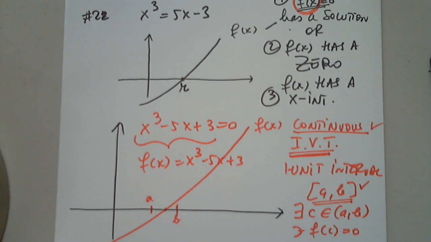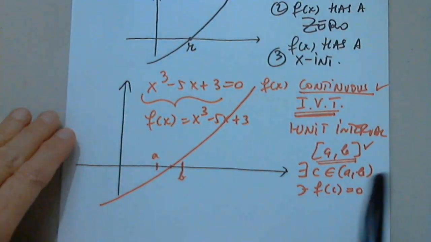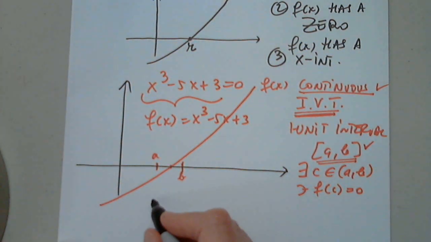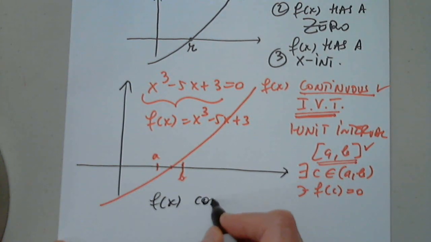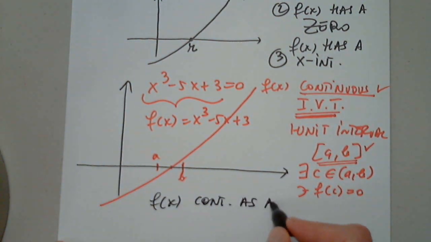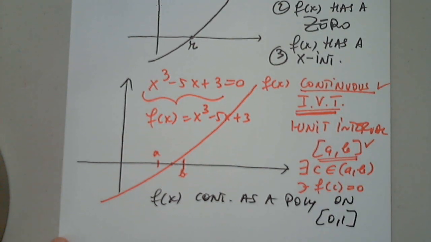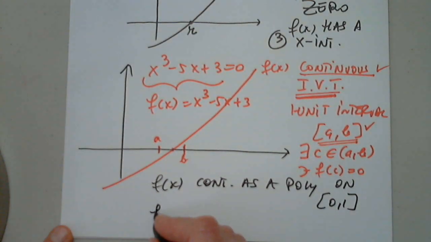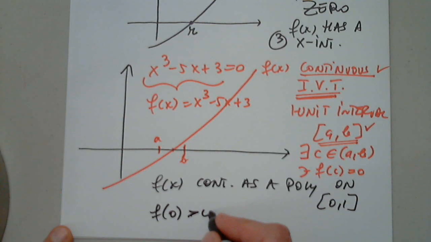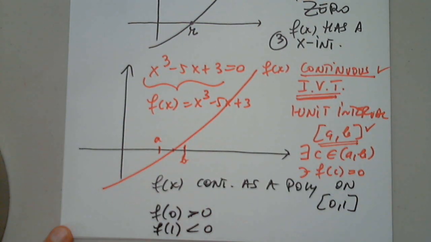So I'm going to write this as the preliminary step. So f of x is continuous, as a polynomial function, on [0, 1]. f of 0 is positive. f of 1 is negative. Is that what it was? Yes, positive and negative, correct.